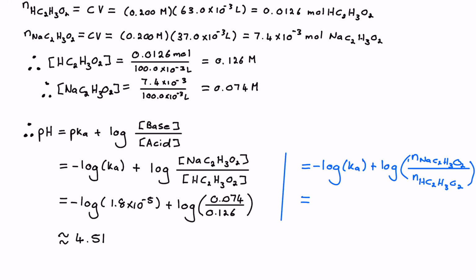In other words, my negative log of 1.8 times 10 to the negative 5 plus log of, this was 0.0126 and this was 7.4 times 10 to the negative 3.